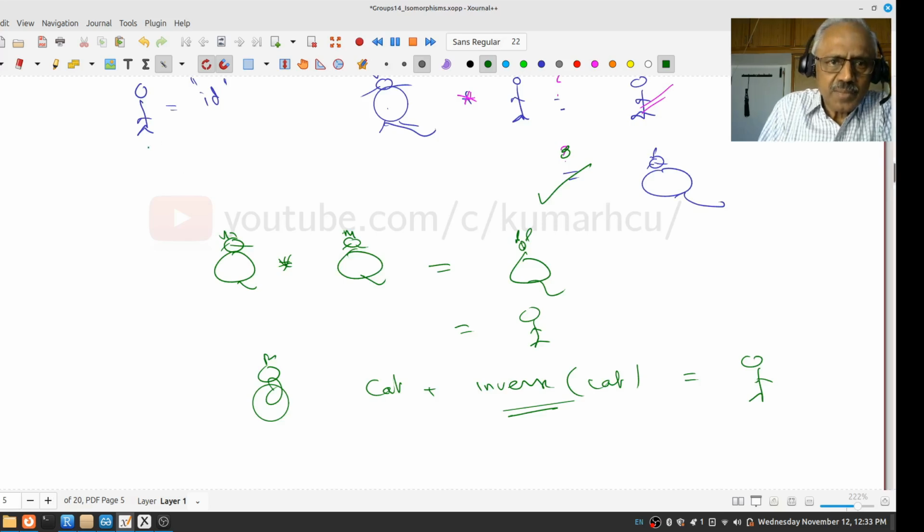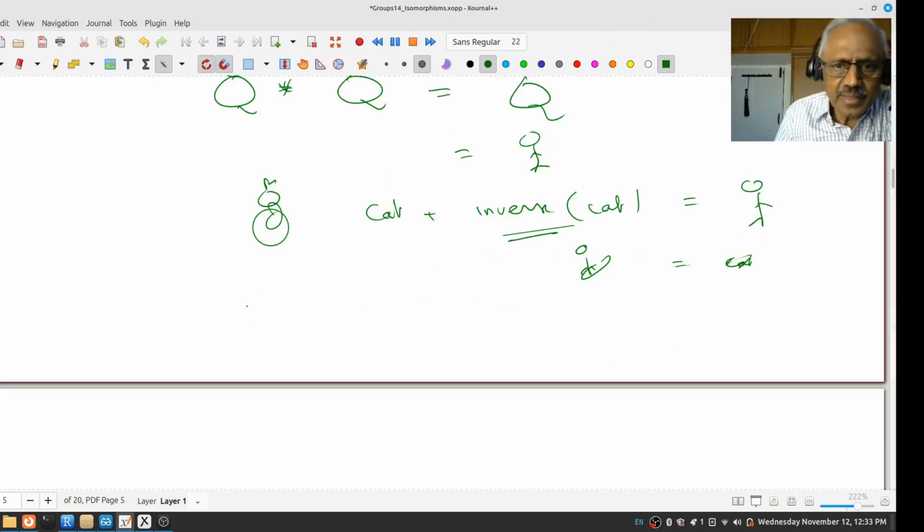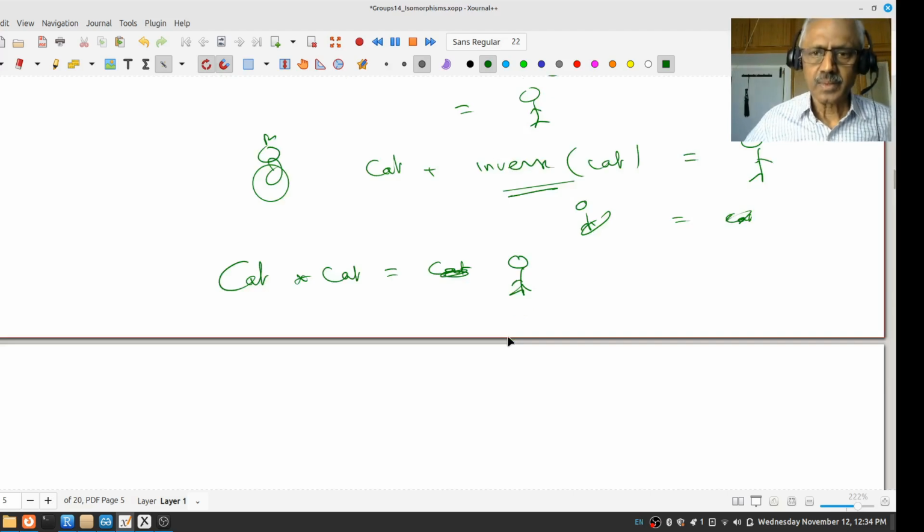Can it be this element? No. If this is equal to this, then what I get is a cat. I don't get the identity element. Therefore, the only way I can define cat star cat is... sorry, cat star cat is the identity.